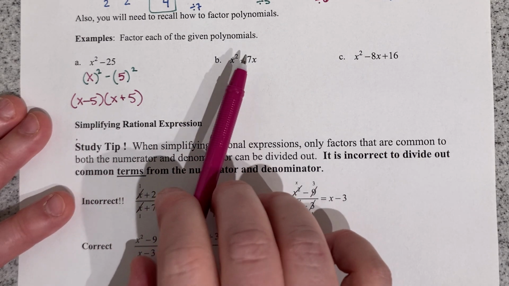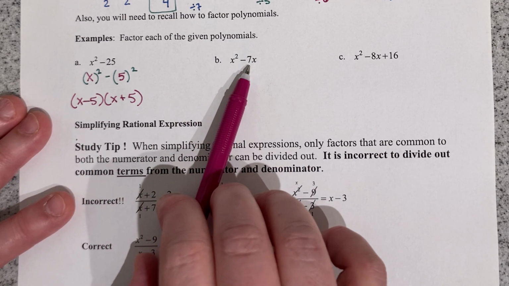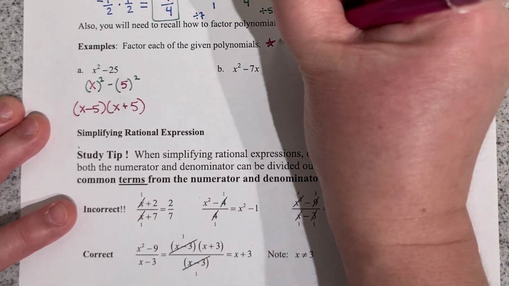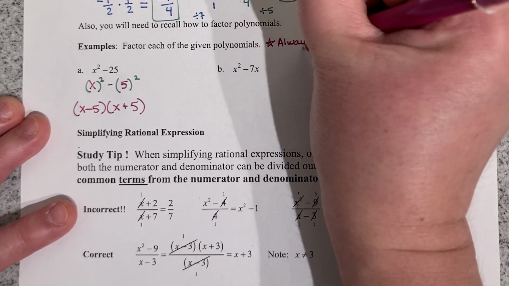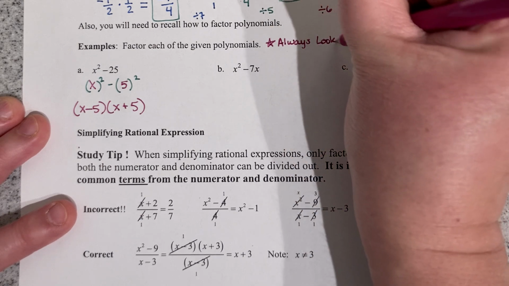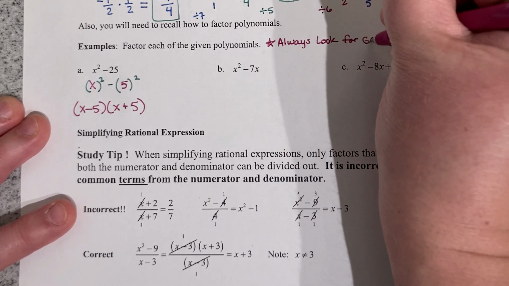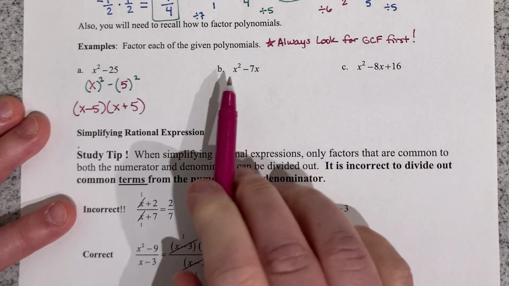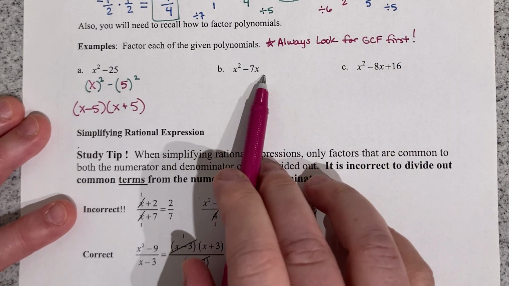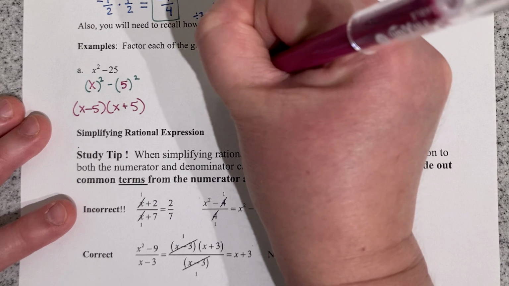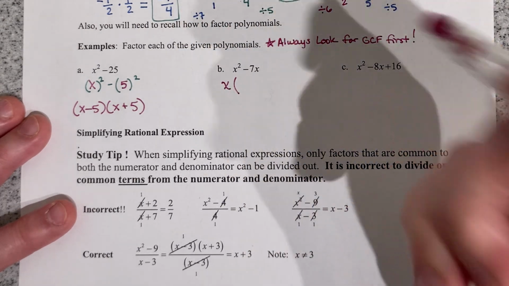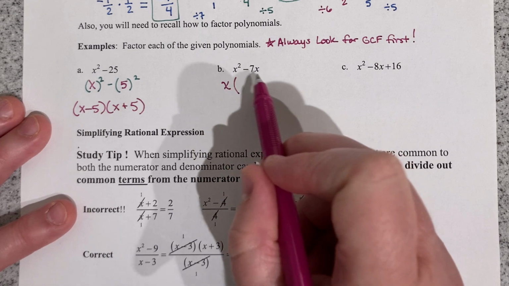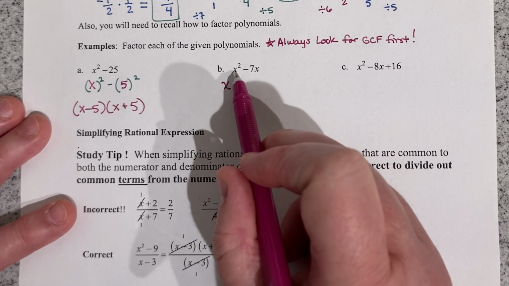But here's an exception. So 7 is not a perfect square. The exception to this is to always look for a GCF first. Look for a GCF first. If there's something in common, in this case there's an x in common, we need to deal with that first. So factoring out the common x is the same as dividing by x.